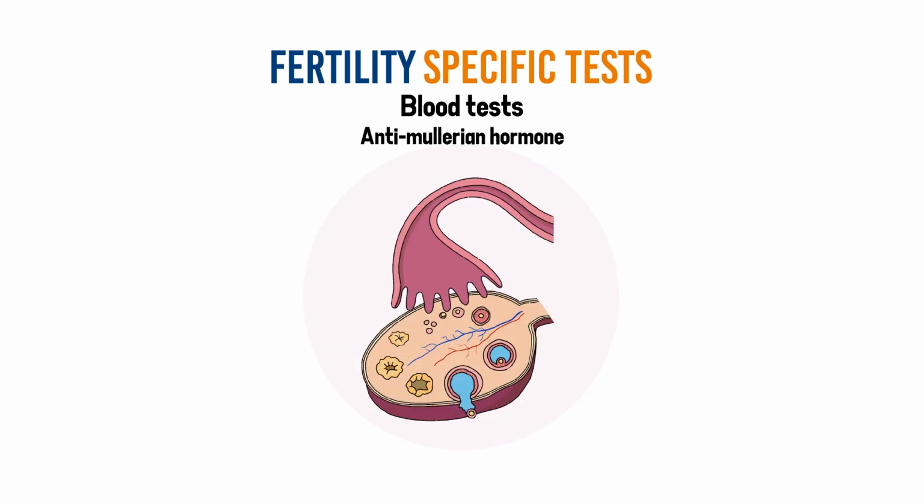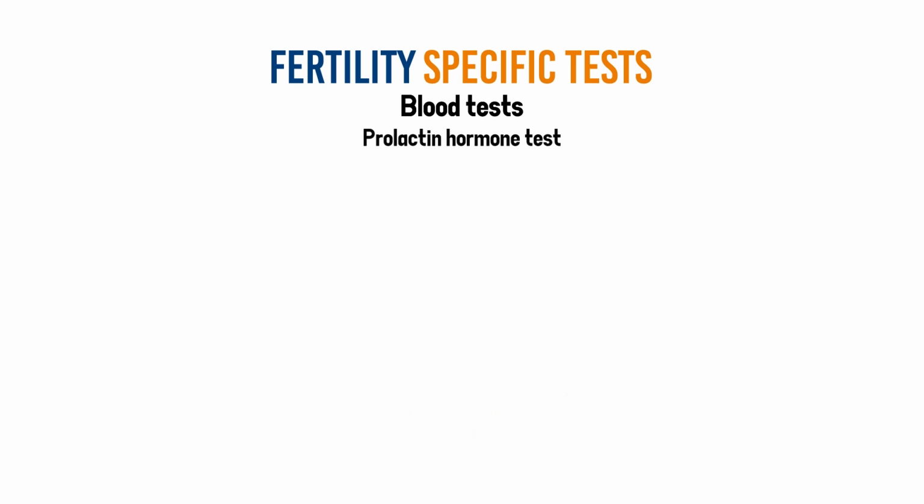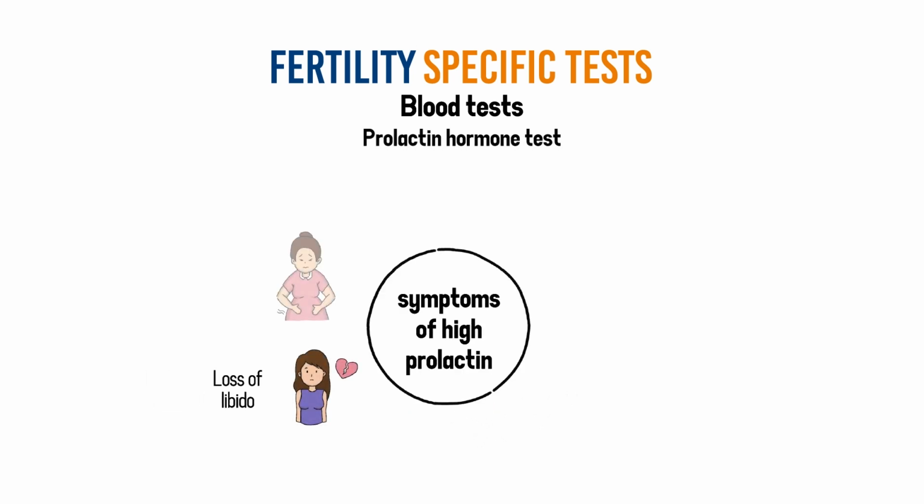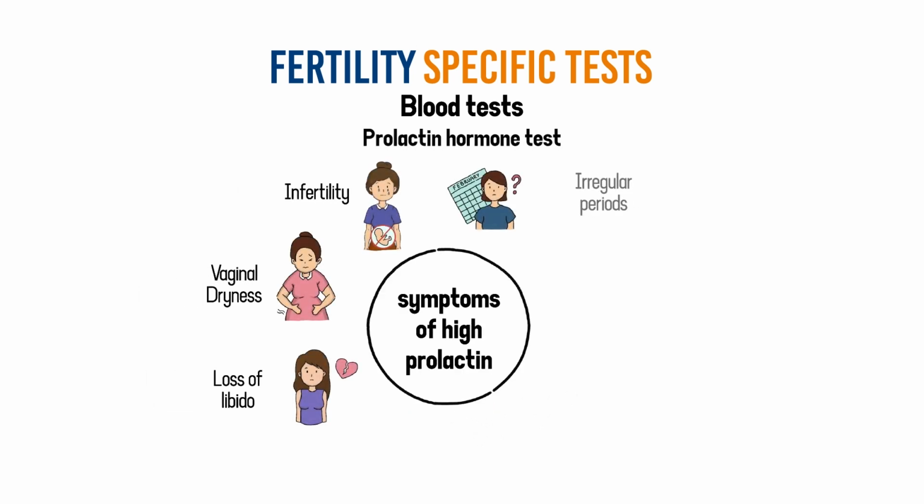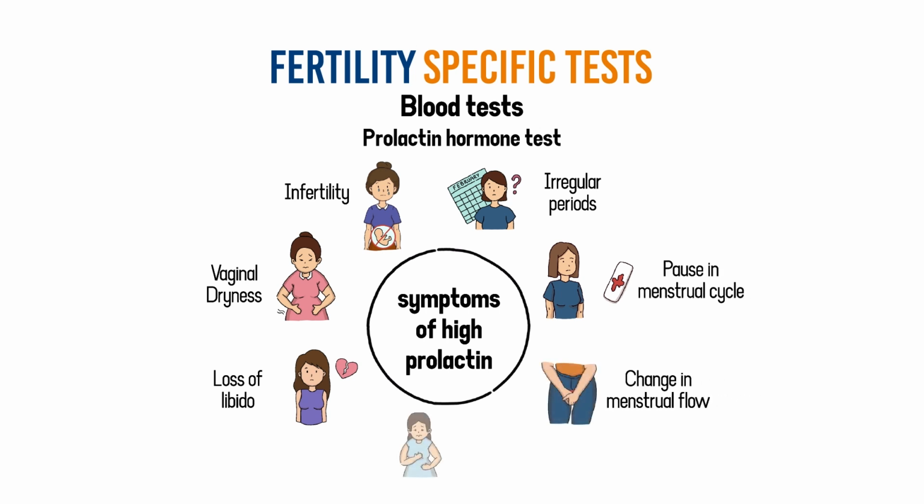This tests for ovarian reserve or the amount of oocytes or eggs supply you have in the ovaries. Prolactin hormone test. Prolactin is a hormone in your body that, if elevated, can cause irregular periods and infertility. If found to be positive, further investigations have to be performed and treatment given prior to conceiving.